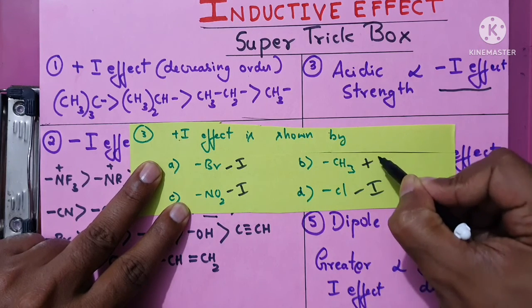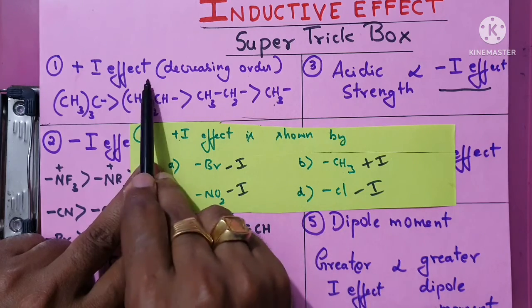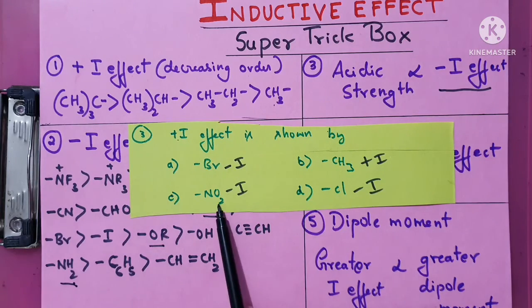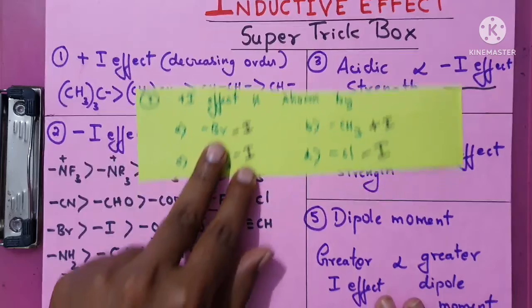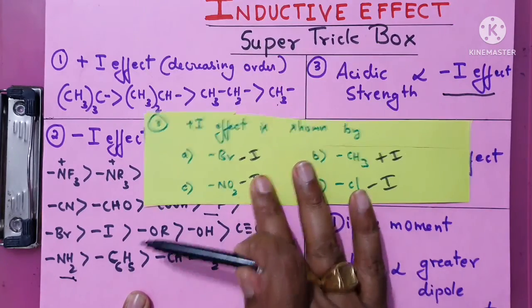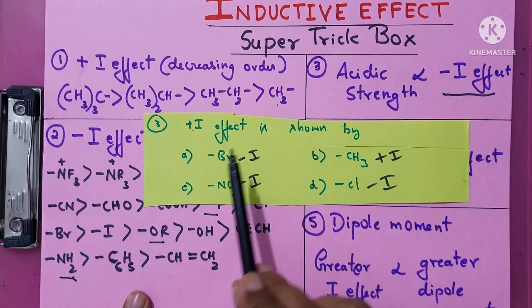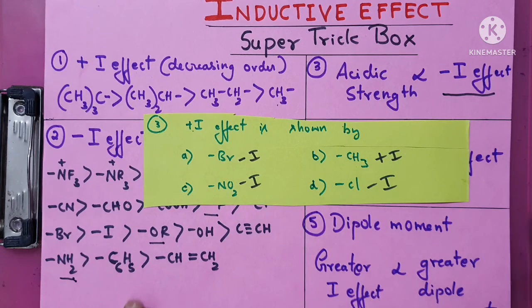The only one which shows a plus I effect is CH3. Whereas Br, NO2 and Cl, if you look into the box, come under minus I effect. But in this question, they are asking for the one which shows the plus inductive effect. Hope you have understood the concept very well.